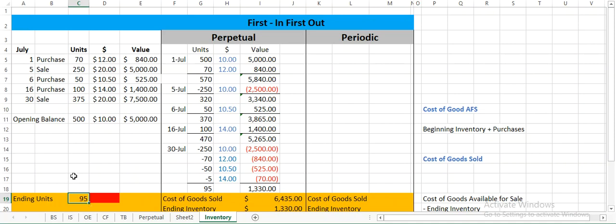And so if we look at it from that point of view, then what is important to note is underneath FIFO periodic, our ending inventory comes from the last layers, because we're saying it's ending, so that's what's left.